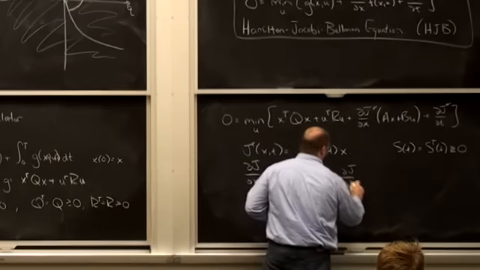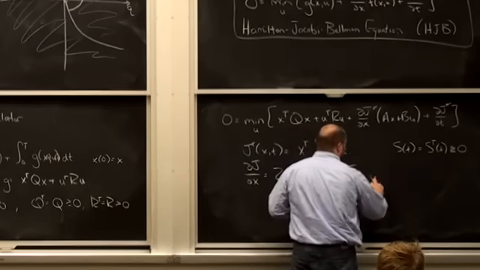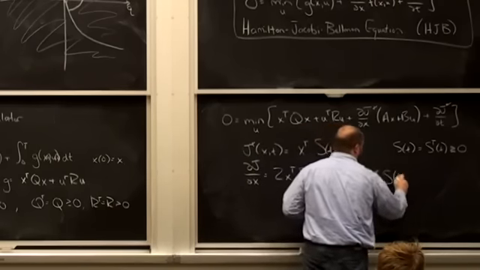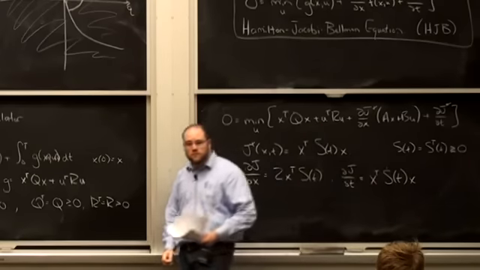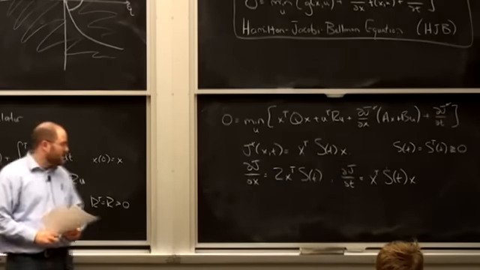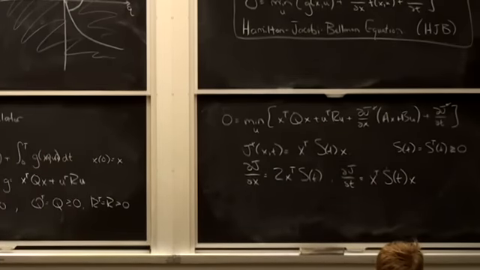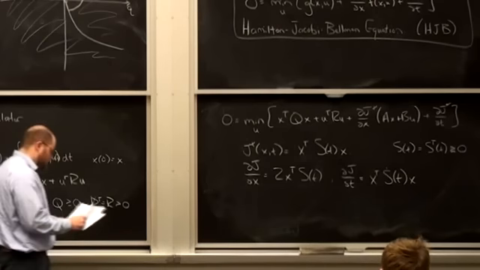Partial J partial t is x transpose S dot(t) x. Okay. Let's pop this guy in.